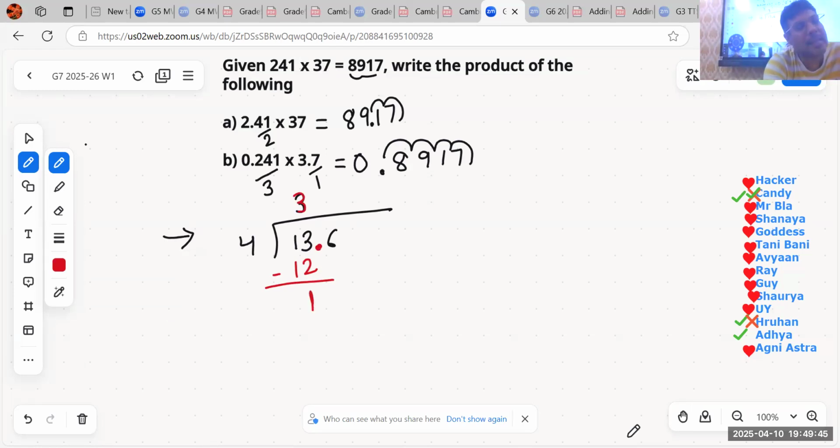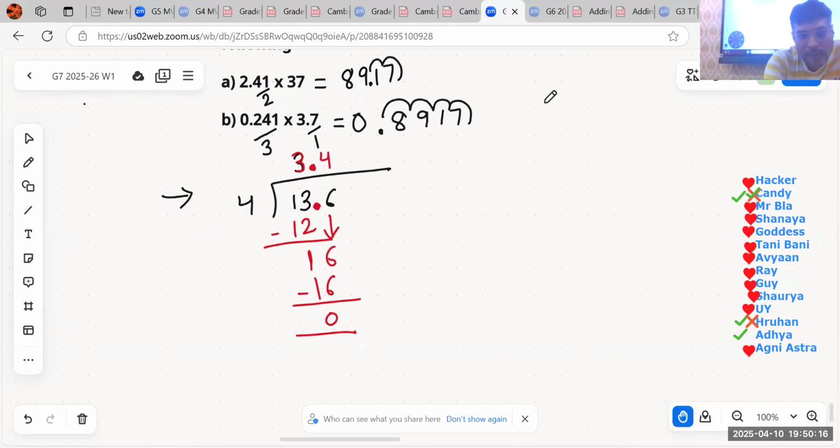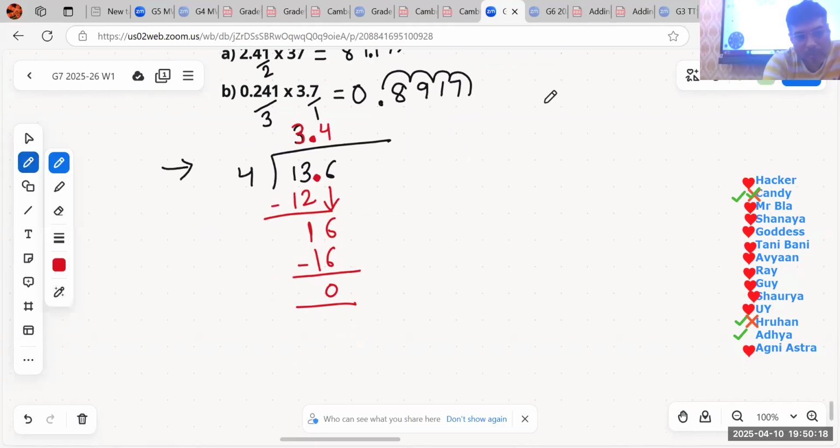Now, as soon as I get a decimal in my dividend, I will put a decimal in my quotient as well. Then I will continue normally: 16, 4 fours are 16. Right, guys? Any doubts? This method is for when only the dividend has a decimal place. For when both the divisor and the dividend have decimal places, I will tell you later, but for now we are doing this question.